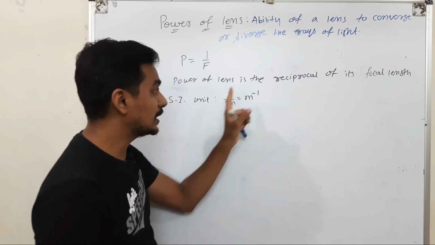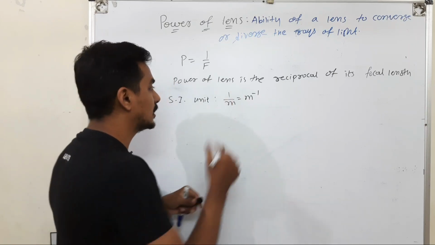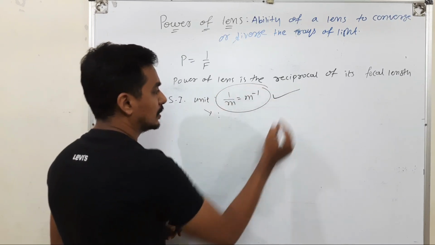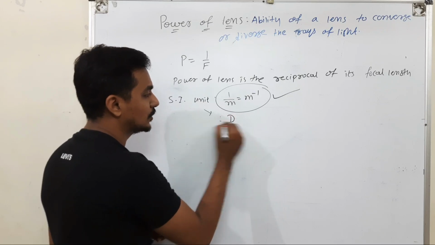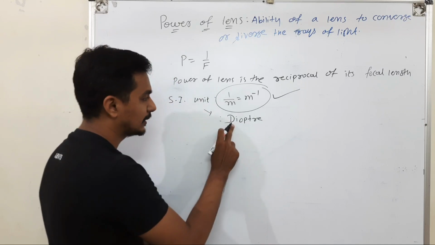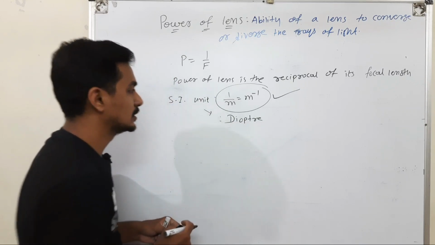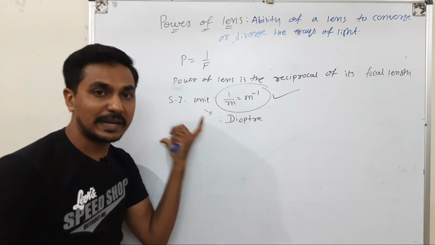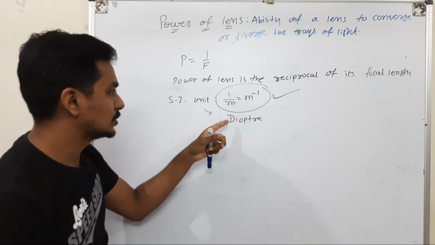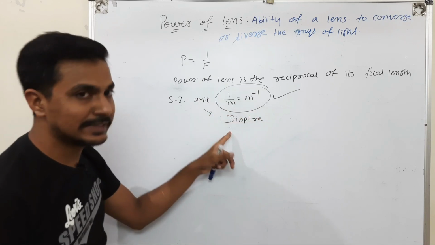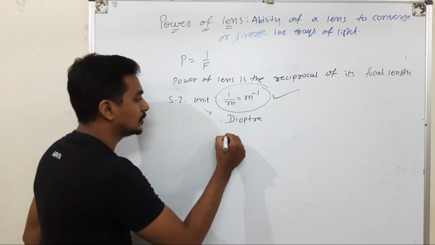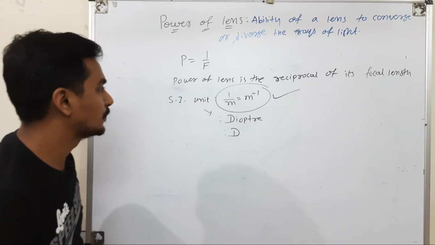This is the SI unit, but another unit that we use is the diopter, denoted by capital D. Diopter is the generally practical unit that we use in day-to-day life. Diopter and meter inverse are the same unit, their denomination is just different.